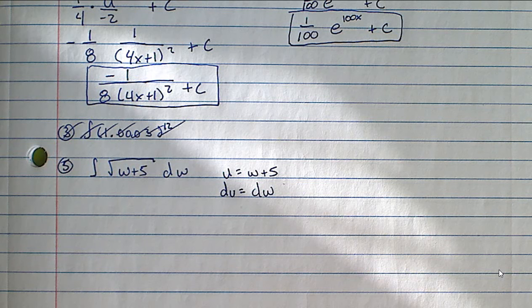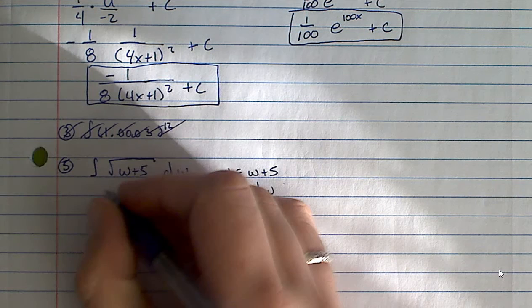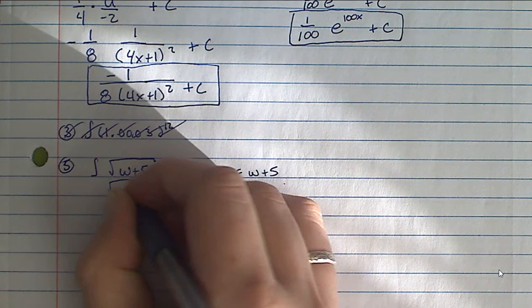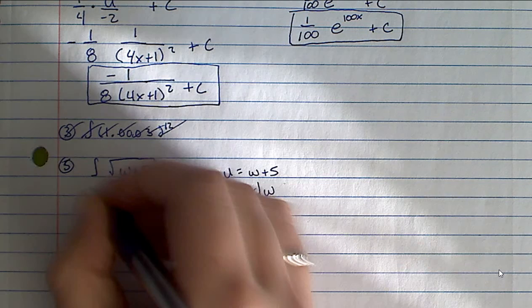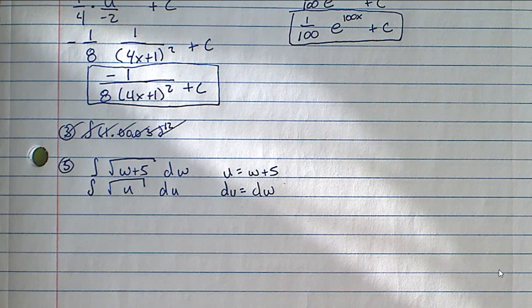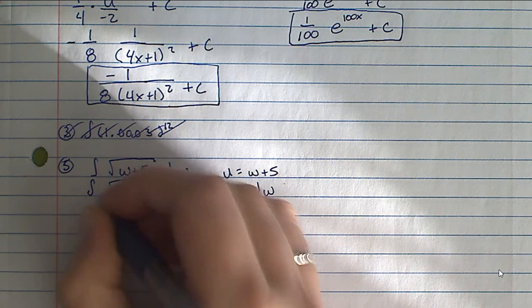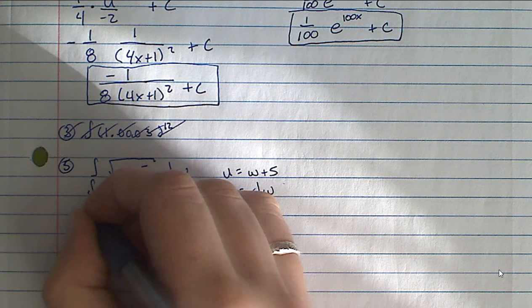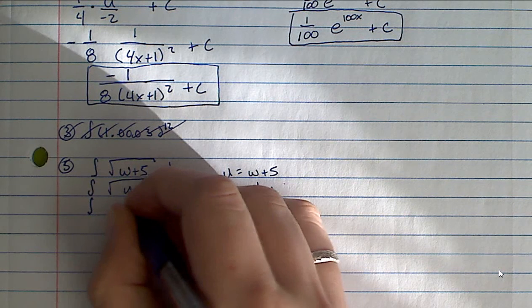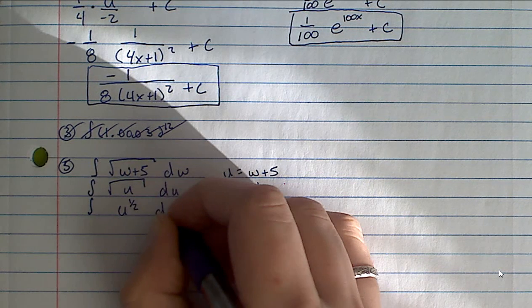You don't have to do much, this is easy. My whole brain is not working. So you get the integral of the square root of u du. Oh, that one's too hooky. Oh, that's too inappropriate. U to the 1/2 du.